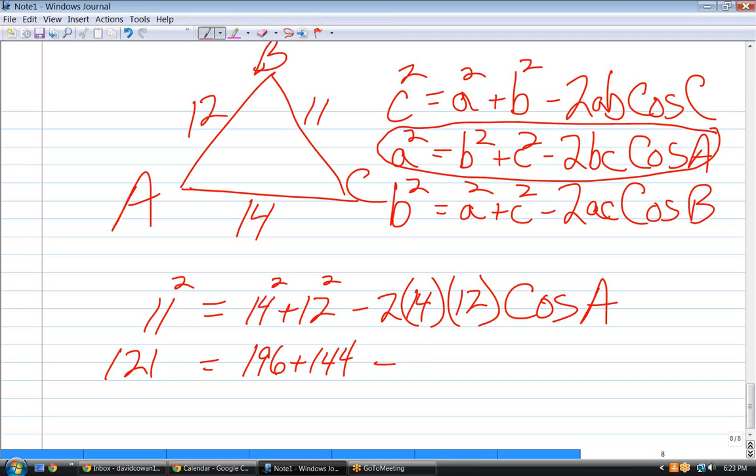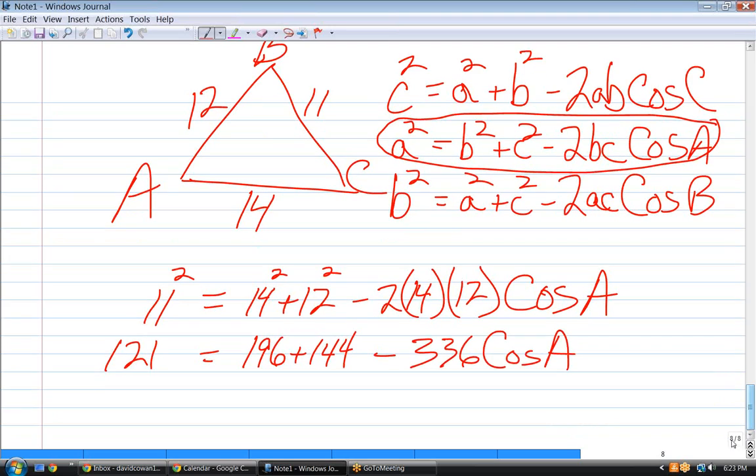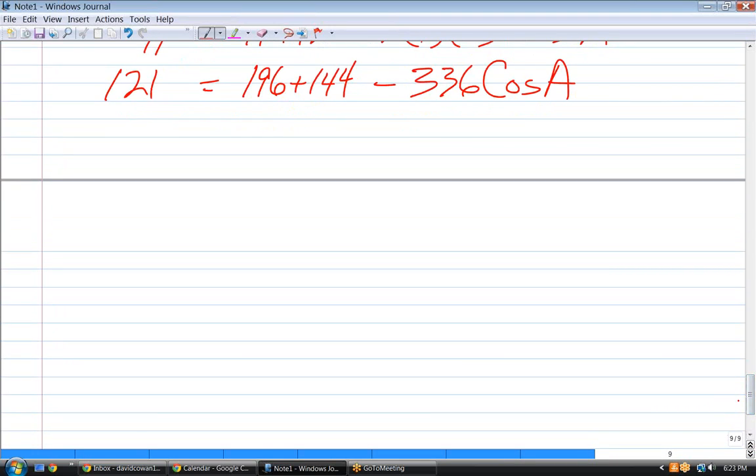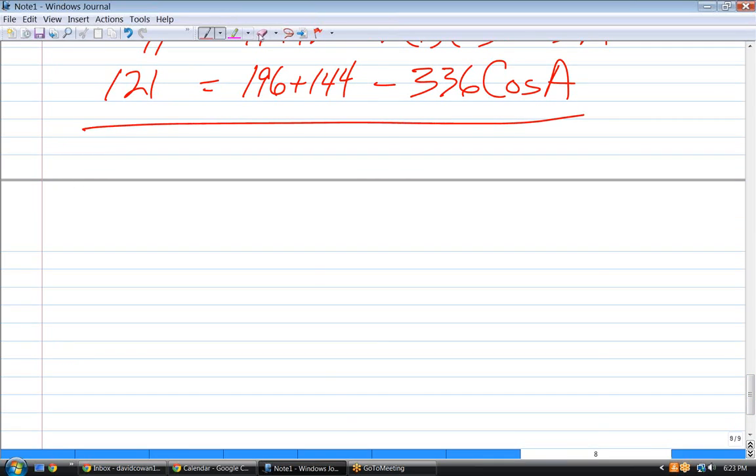It's 336. Now do the algebra. So 196 plus 144 is 340, minus 336. How do you solve this algebraically?